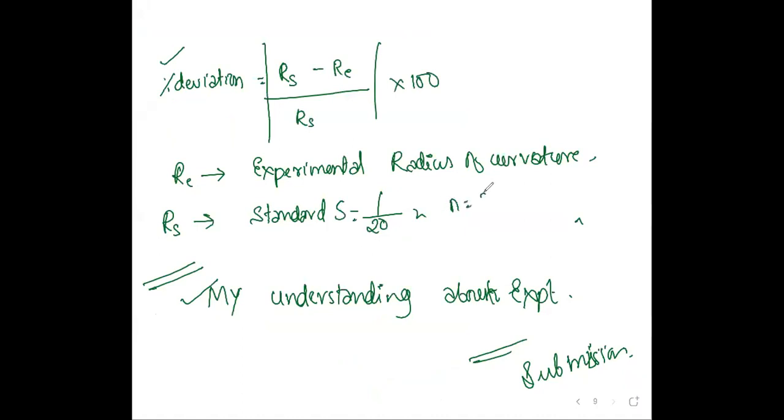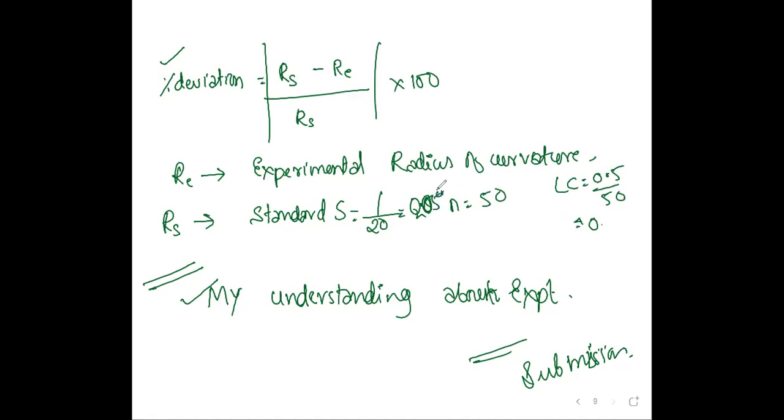And N is equal to 50. 1 divided by 20 is how much? Yes, sir, 1 divided by 20 is 0.05. So LC is equal to 0.05 divided by 50.